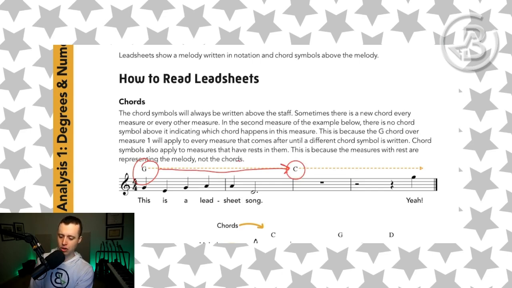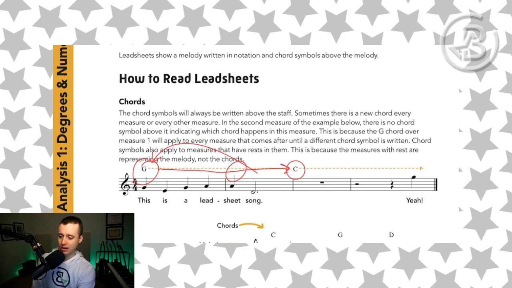So even though there's no chord symbol written here, we know there was a chord symbol over here, and that chord symbol is going to apply to every single measure that comes after it until we get another chord symbol.